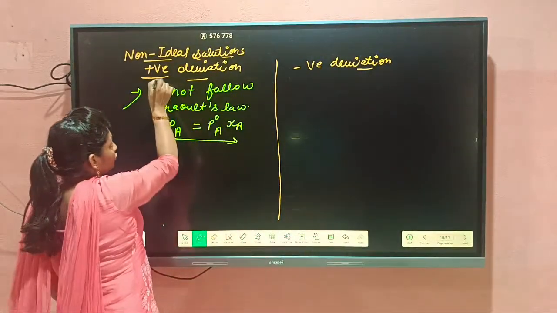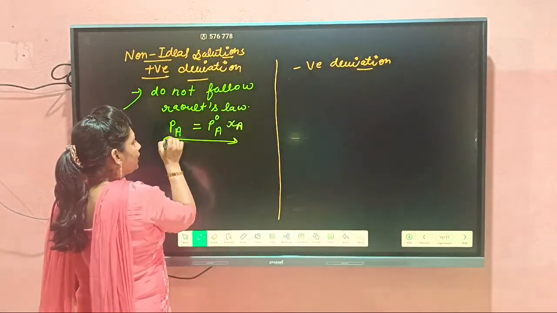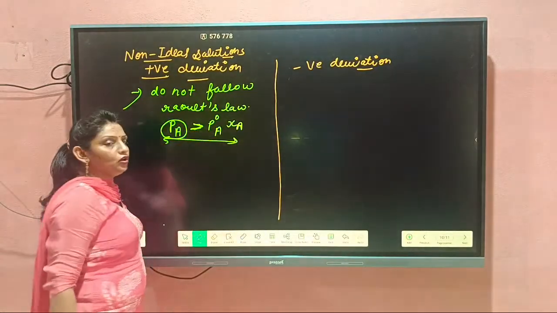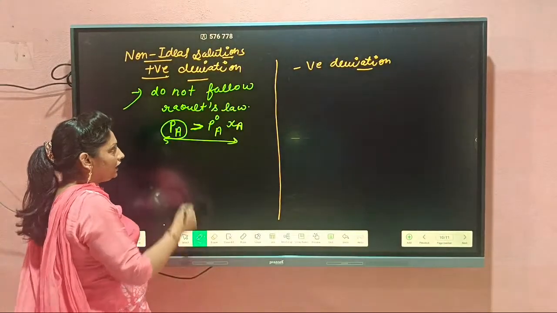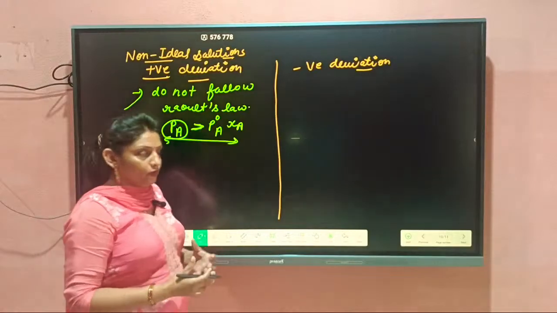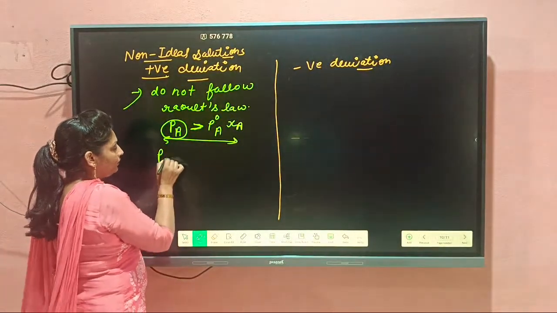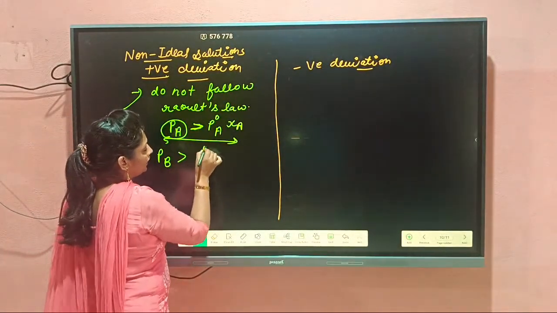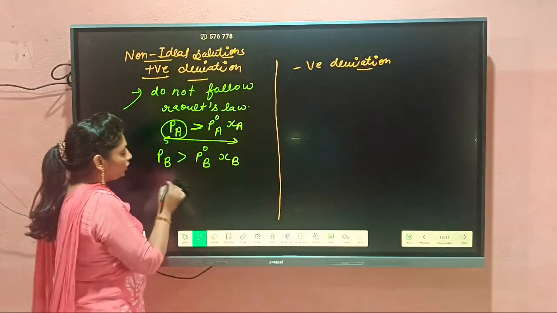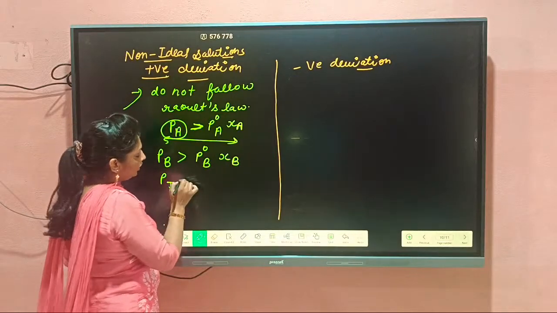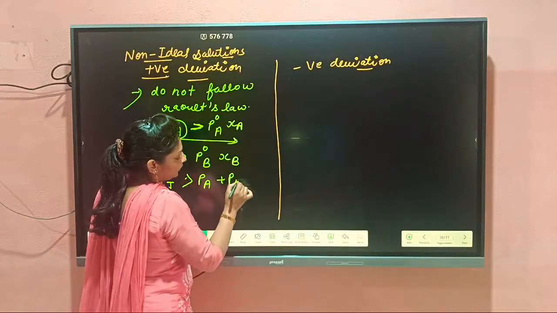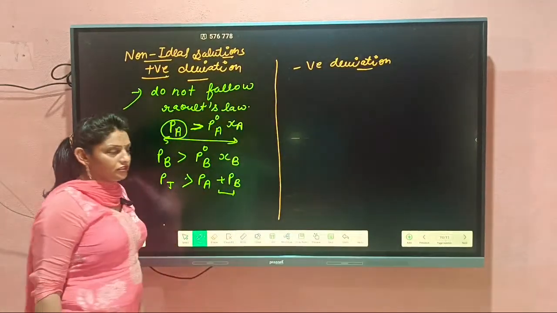So in case of the positive deviation, partial pressure PA will be greater than P naught A XA. Here pressure is greater as compared to the expected value. And PB is also greater than P naught B XB. P total pressure is also greater than the expected value in case of positive deviation.